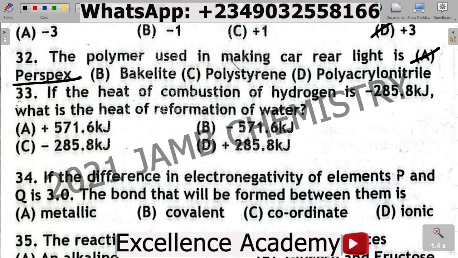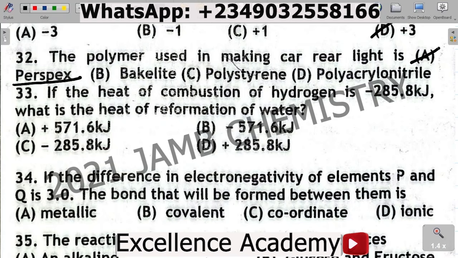Next up, question 33. It says if the heat of combustion of hydrogen is minus 285.8 kilojoules, what is the heat of reformation of water? A plus 571.6 kilojoules, B minus 571.6 kilojoules, C minus 285.8 kilojoules, D plus 285.8 kilojoules. Now for this question, they said the combustion of hydrogen.